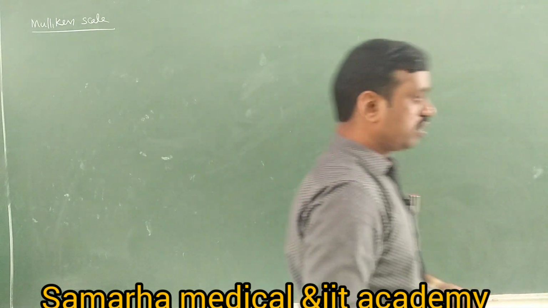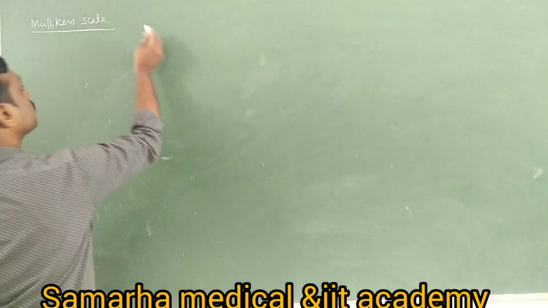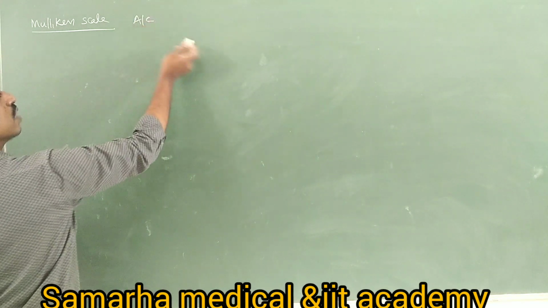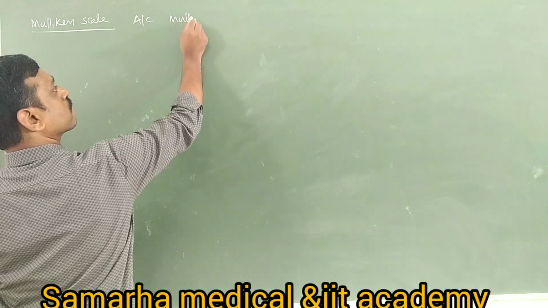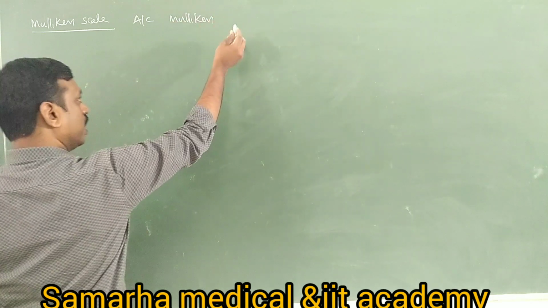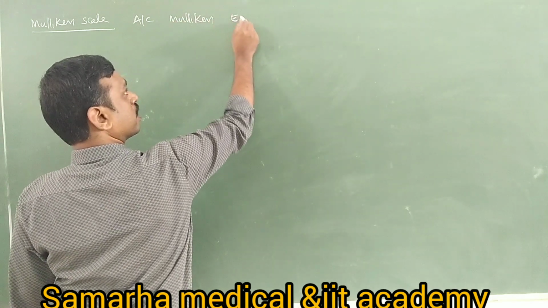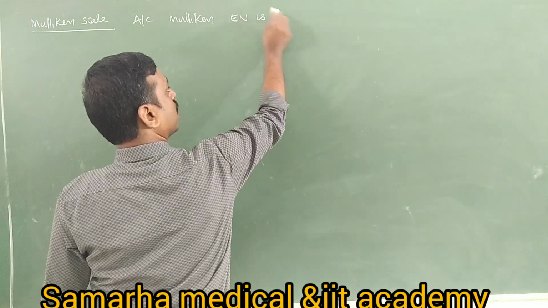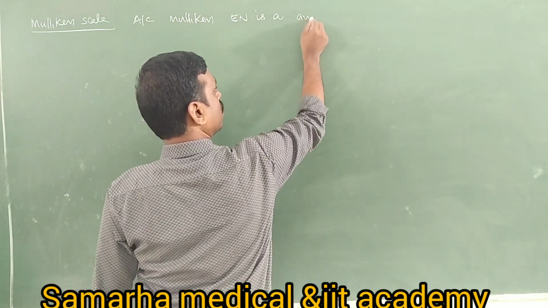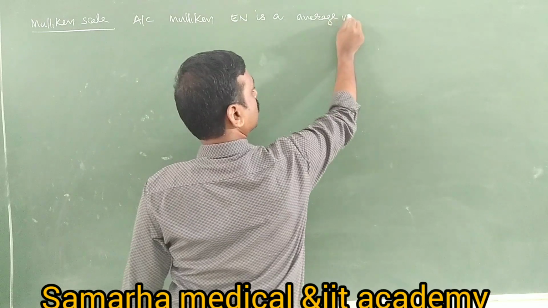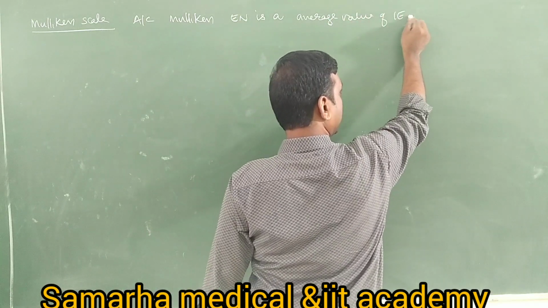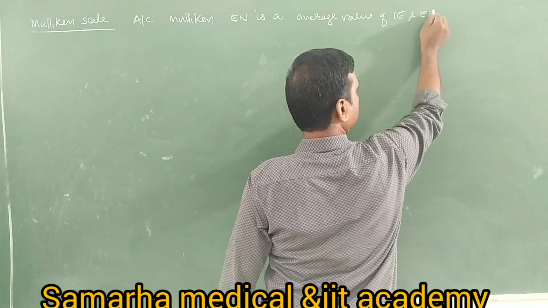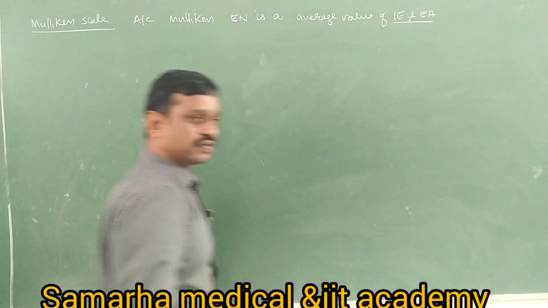Very simple. So according to Mulliken, electronegativity is an average value of ionization enthalpy and electron affinity.